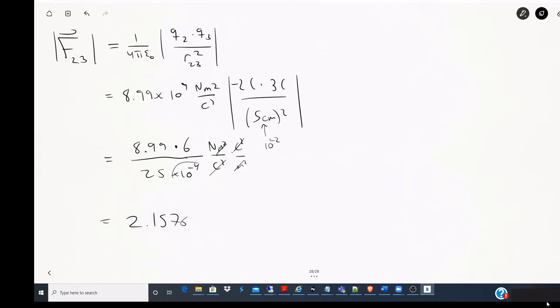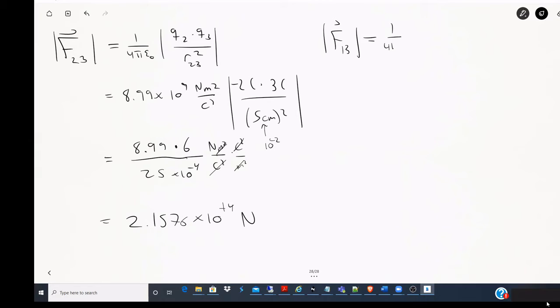And then the order of magnitude is going to come upstairs as a positive power. And so I have 2.1576 times 10 to the 4th newtons. That's a tremendous number of newtons, and the reason we're getting such a big value is because we are using charges that are as big as multiple coulombs. And a coulomb is a tremendous amount of charge.